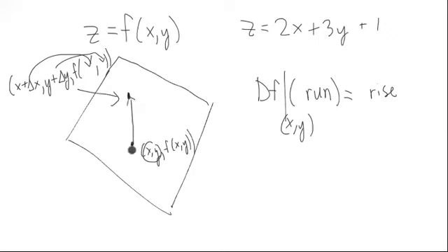Then we look at this rise. If we were to draw a line through the vertical, because it represents the z values, and take the projection of this line onto that vertical line, that would be the rise. So we want something like that. If we input some kind of run, change of x, change of y, we want to output a rise, and that rise is going to be the projection there.